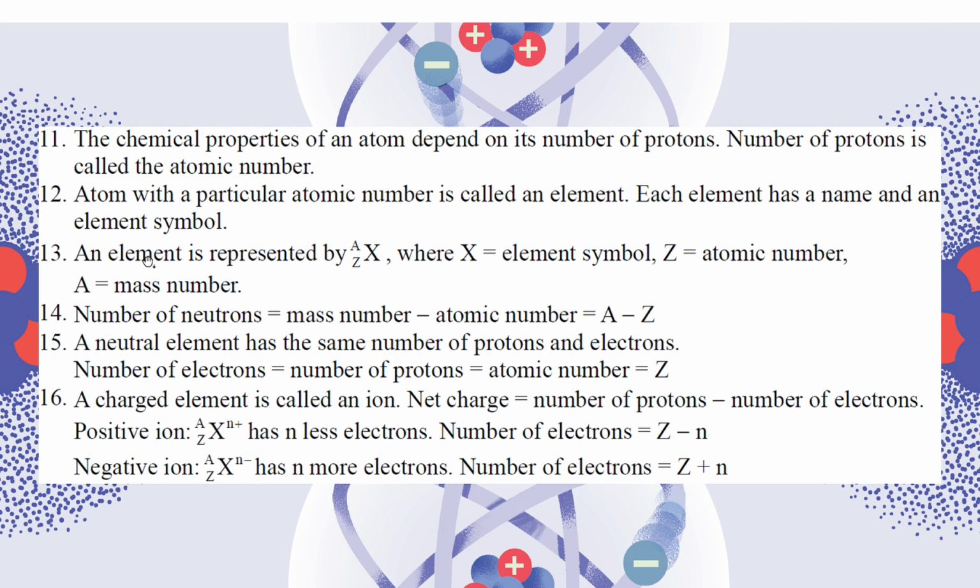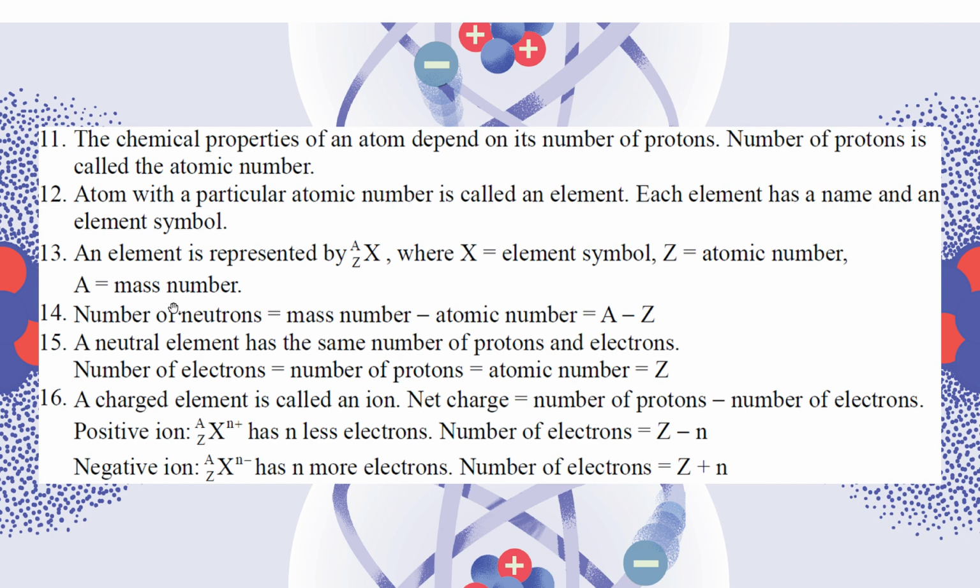An element is represented by the AZX symbol, but be careful, A is not the atomic number. A is the mass number, Z is the atomic number. Quite tricky. X is the element symbol. Z, the atomic number, is at the lower left corner, A, the mass number, at the upper left corner, all written on the left hand side. The right hand side is reserved for the charge and the number of atoms in the molecule.